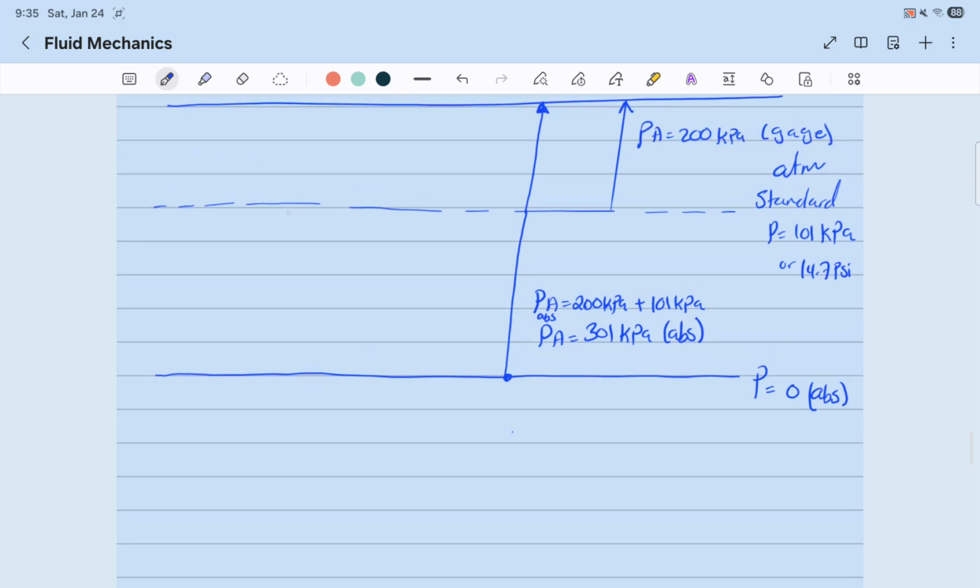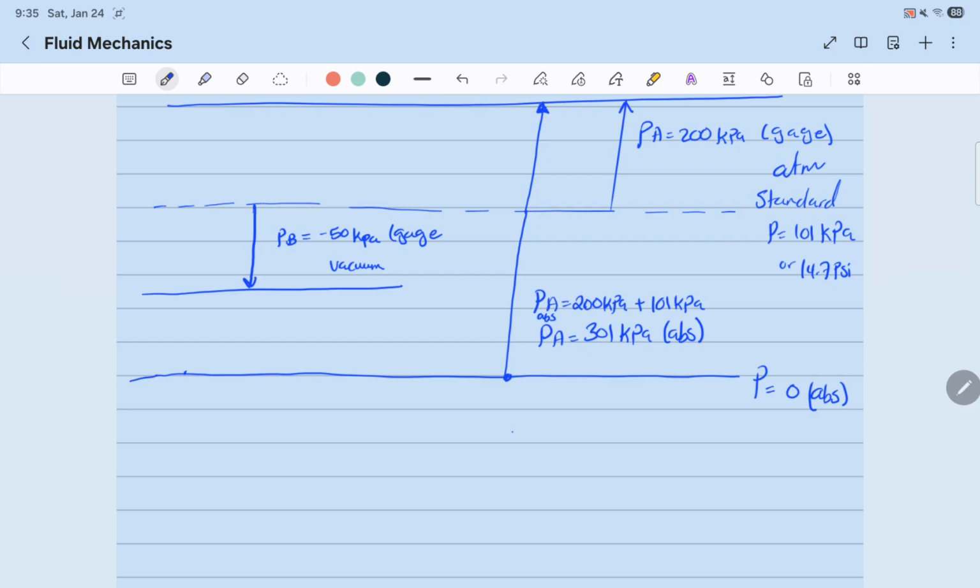We'll say PB is negative 50 kPa, meaning it's a vacuum. That's the gauge pressure.